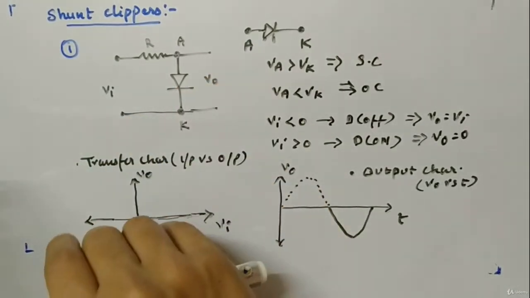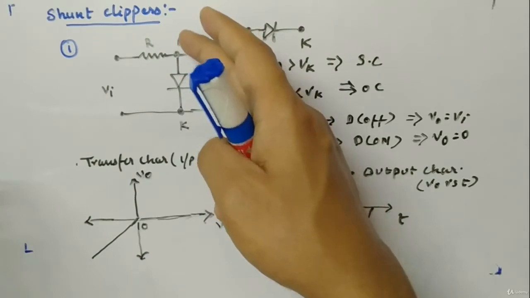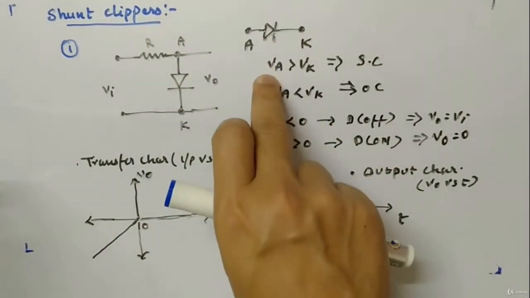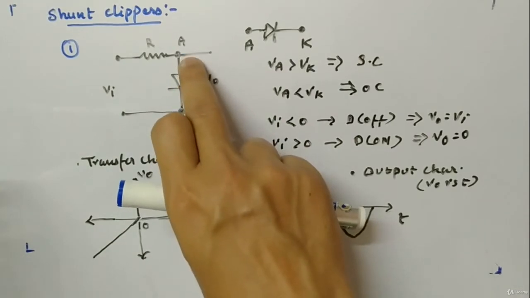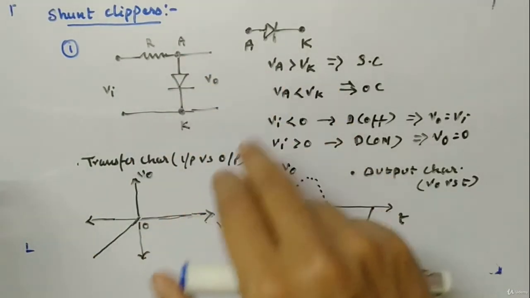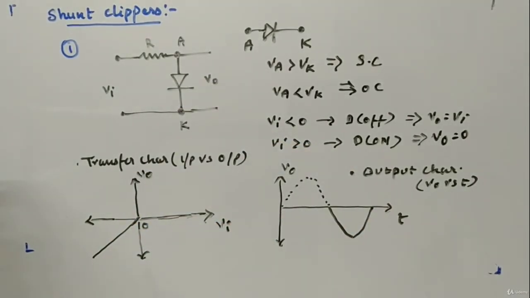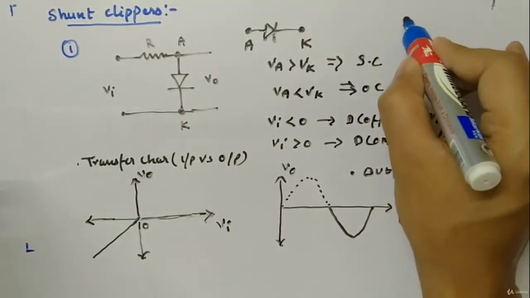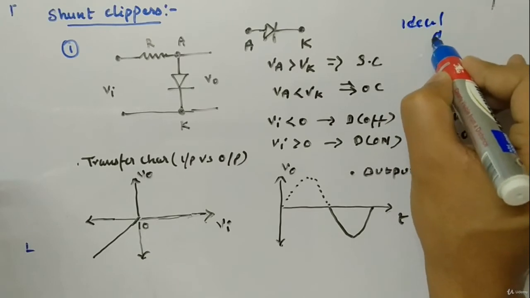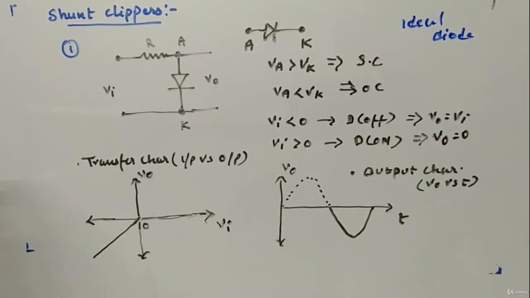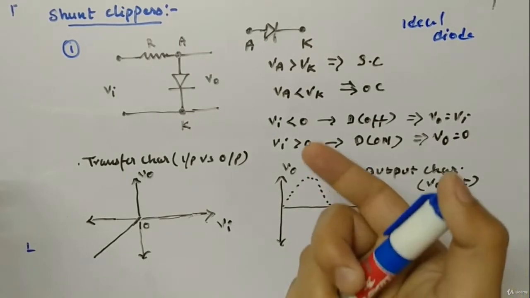The diode terminals I am writing as A and K, anode and cathode. If the potential VA at A is greater than VK, the diode will be a short circuit. I am assuming an ideal diode. So if it is on, it is a short circuit; if it is off, then it is an open circuit.